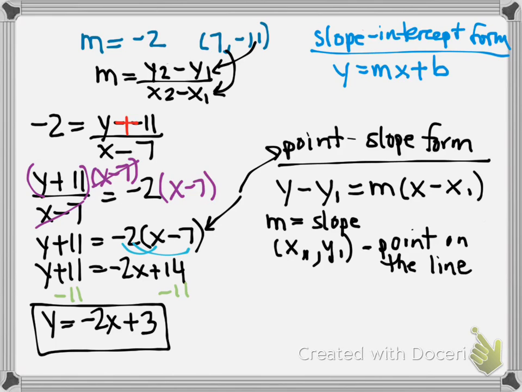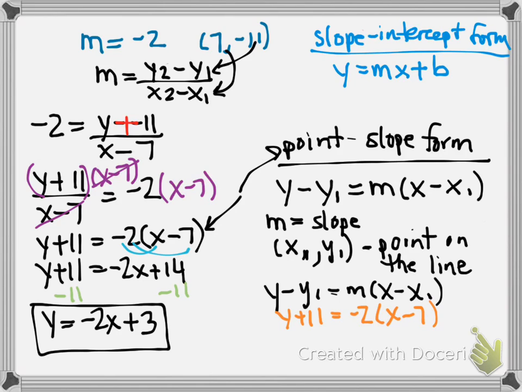Let me compare those two for a moment and show where people get into a little bit of confusion. So here's our generic y minus y sub 1 equals m times the quantity x minus x sub 1. And then here comes the one we had in the middle of our equation: y plus 11 equals negative 2 times the quantity x minus 7.